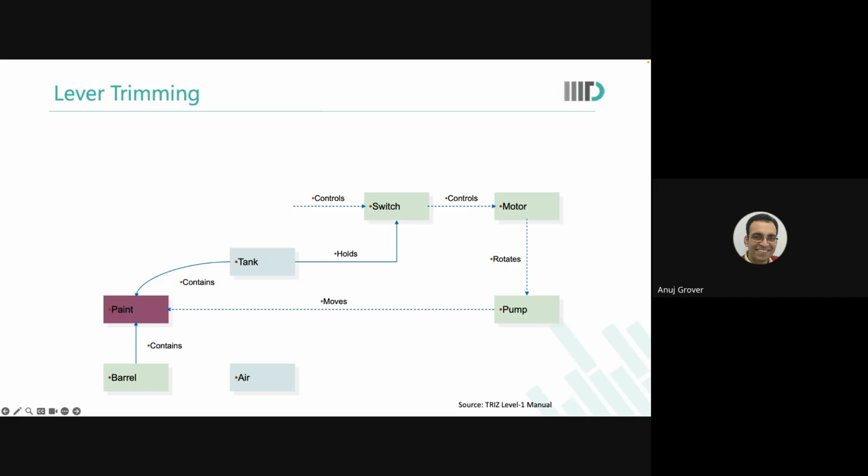It is already holding the switch. Can it also control it? That is your trimming problem now. Find a solution. The trimming problem is how to make the tank control the switch.